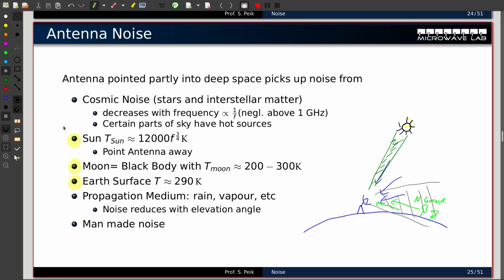You have to be careful because then you get lots of noise. When you have rain and so on, rain is also at a certain temperature, and that also produces a lot of noise. So you get noise much higher than usual. But when the antenna is pointing in a direction where there's nothing, you still get noise, and that's extremely interesting.